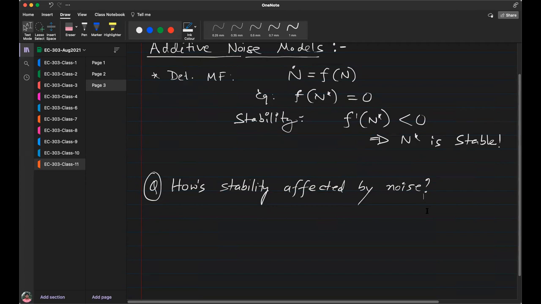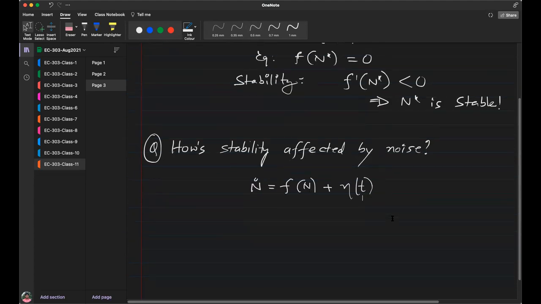How does noise affect stability? That's the basic question we're asking here. So remember how we do stability analysis, right? Now the new equation we have is n dot is equal to f of n plus eta of t. Okay, this is the new equation.